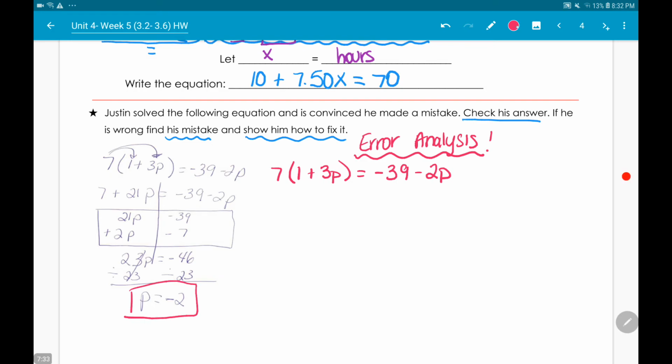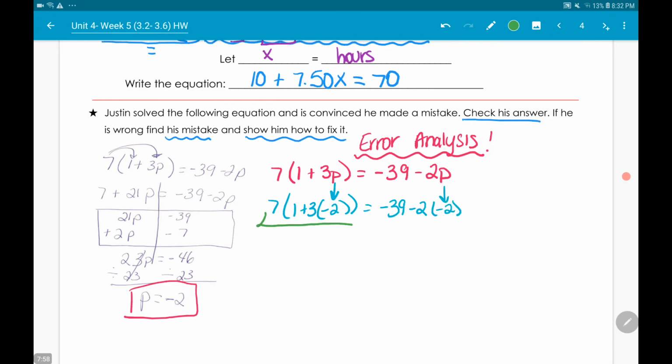p equals negative 2. And remember, in order to check his answer, everywhere we see a p, we need to replace it with negative 2. So I have a negative 2 here, and then a negative 2 here, and everything else is going to come down around it. Okay, now you brought everything down, and like I said, you guys are really lucky.